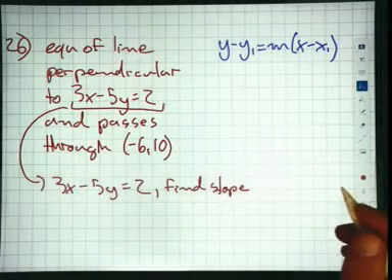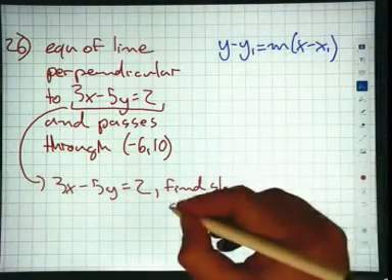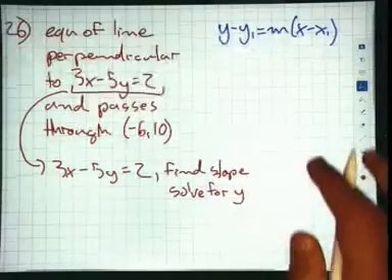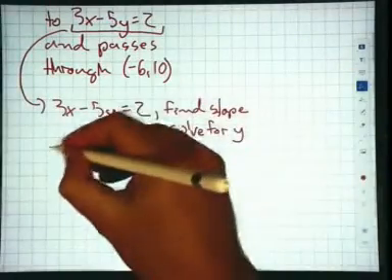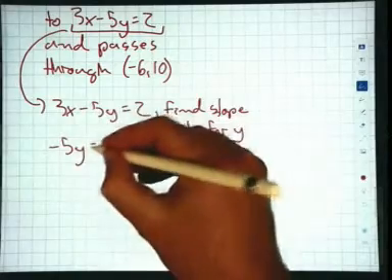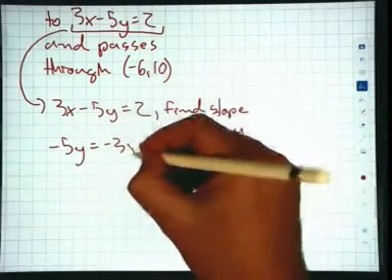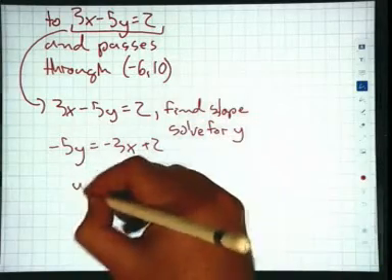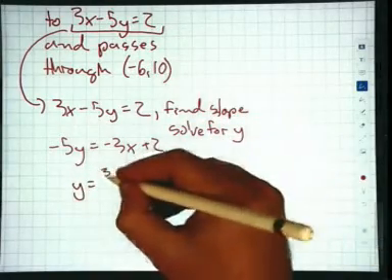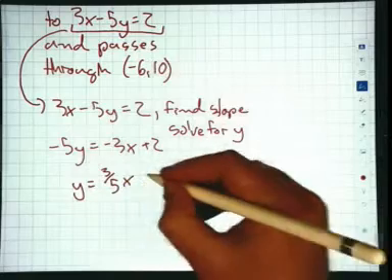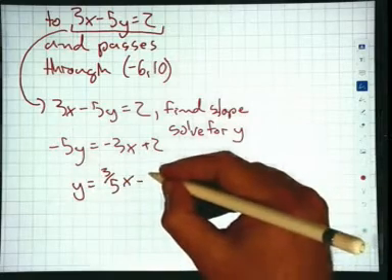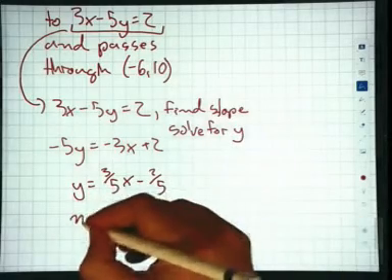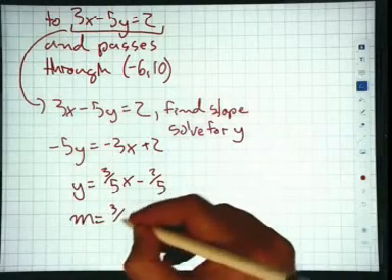So to find the slope, we're going to go through and solve for y. So that gives us a negative 5y is equal to a negative 3x plus 2. Divide everything by negative 5, and we get y is equal to 3/5 x minus 2/5. So this tells me that m is equal to 3/5.